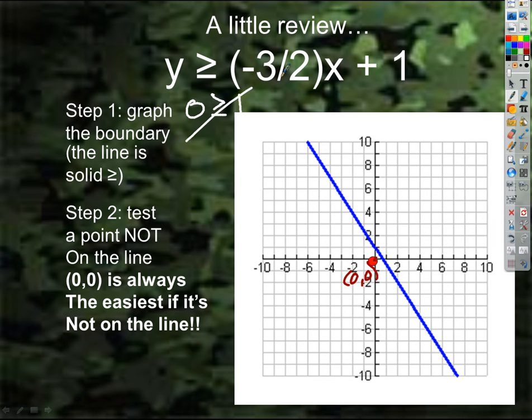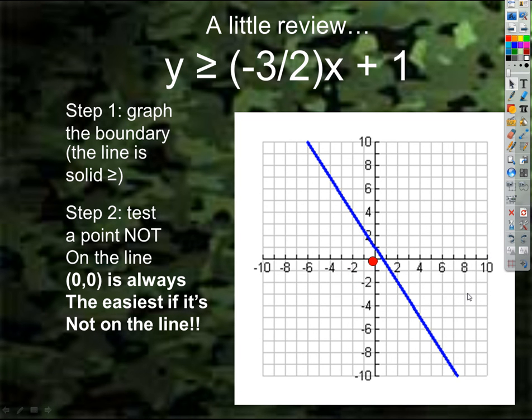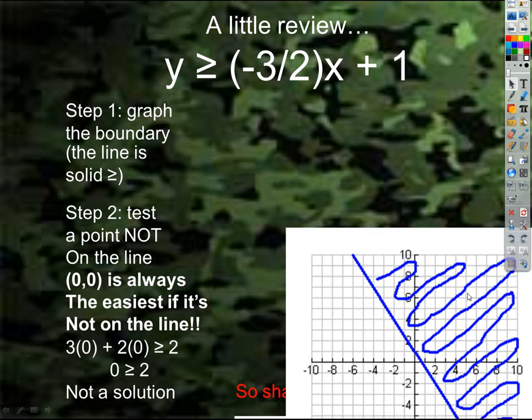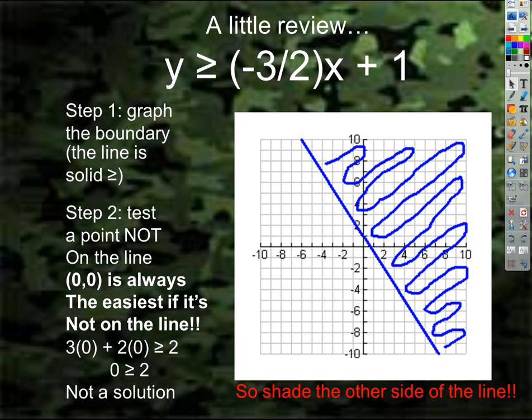So that means that, do we shade the side with the test point? No, it failed. We tried that test point and it failed. So we shade the other side. Right? So we get something like that. Right? So there's our graph of the linear inequality.